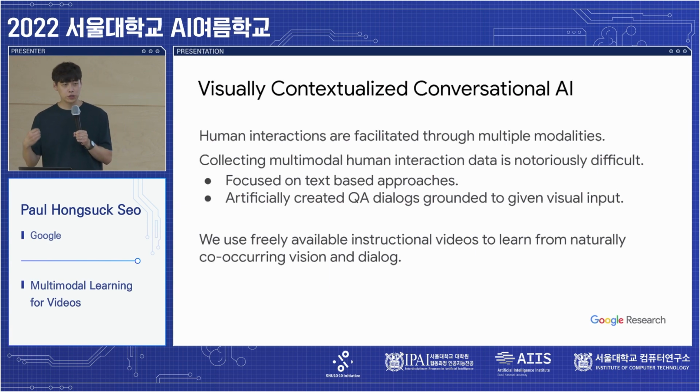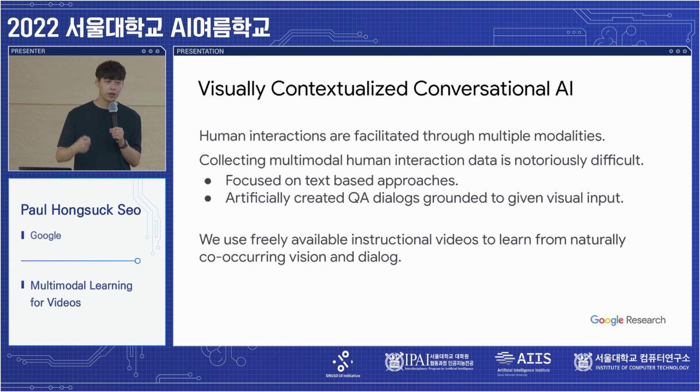So here we wanted to think about more realistic scenarios, where we actually deal with the environmental visual inputs when we model the conversations. But as I said, it's really hard to collect such a dataset. So what we did in this work is to use freely available instructional videos from online video platforms, so we can learn from naturally co-occurring vision and dialogue.